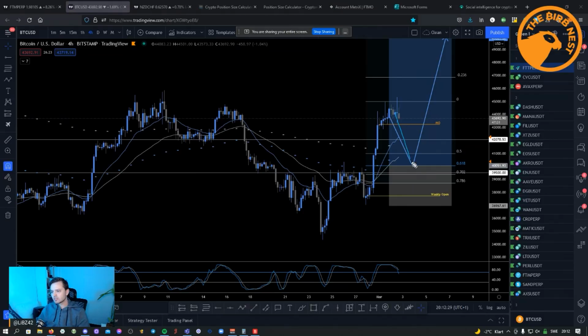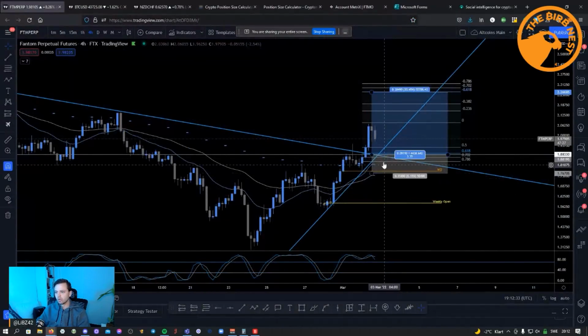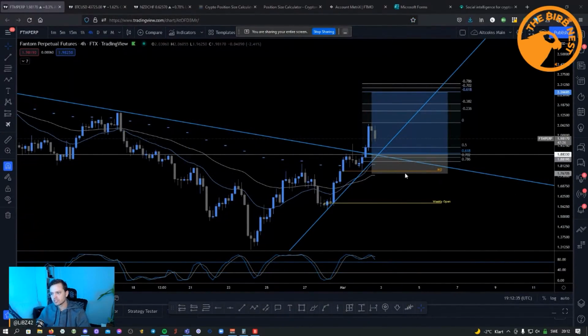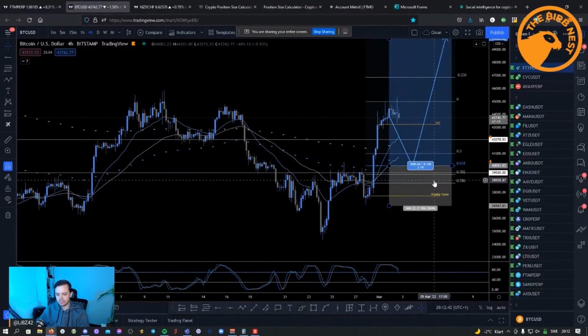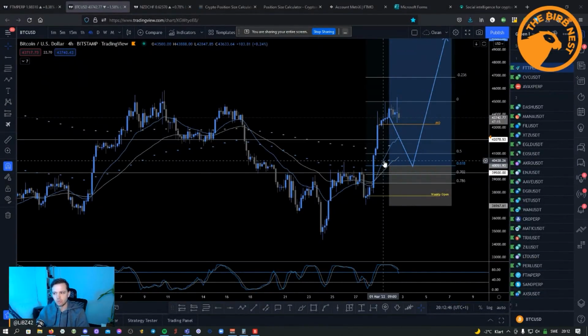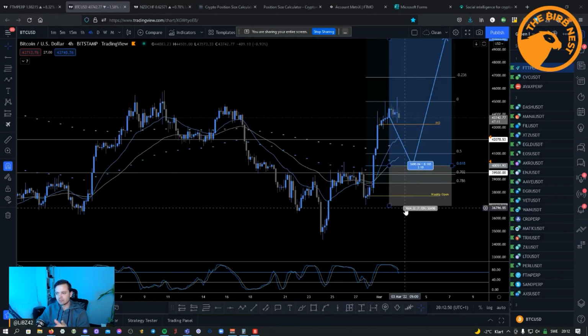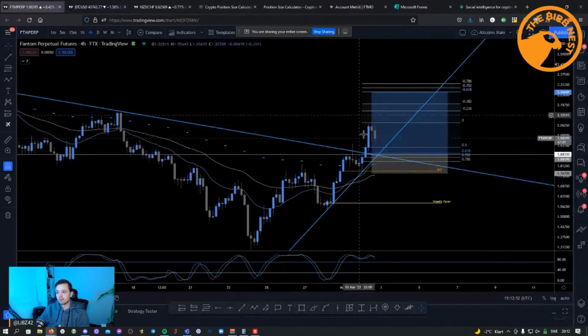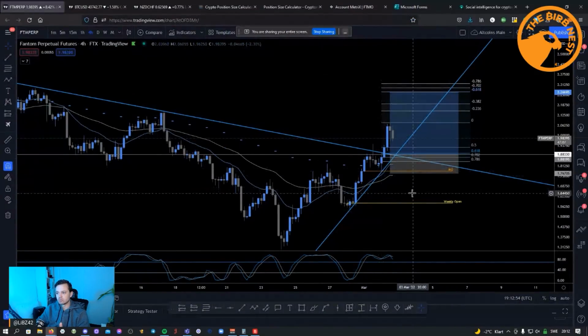Now, if Bitcoin comes down and tests the 40K region, I'm not sure FTM will hold this area. But if FTM does hold the 1.88 level while Bitcoin bounces at the 40K region, that would be massively bullish for FTM. But let's assume that Bitcoin comes down and tests the 40K region and FTM fails to hold this region right here.